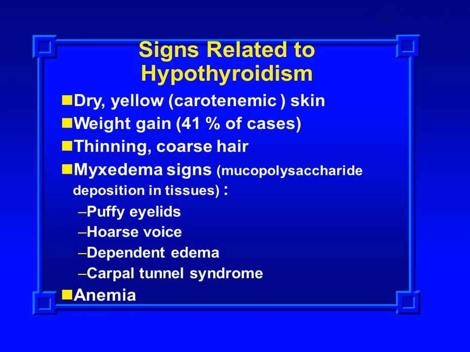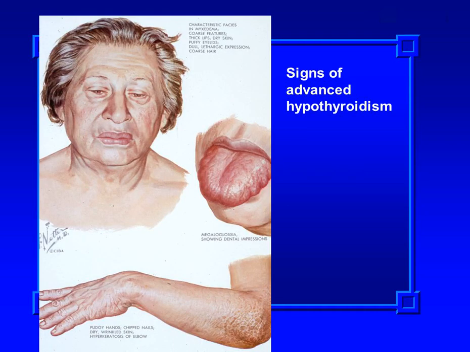Dry, yellow, carotenemic skin. Weight gain, 41% of cases. Thinning, coarse hair. Myxedema signs, mucopolysaccharide deposition in tissues. Puffy eyelids. Hoarse voice. Dependent edema. Carpal tunnel syndrome. Anemia. Signs of advanced hypothyroidism.